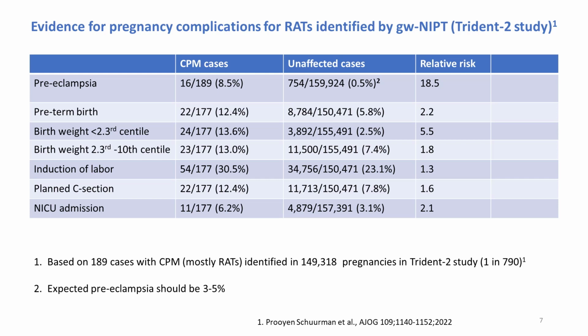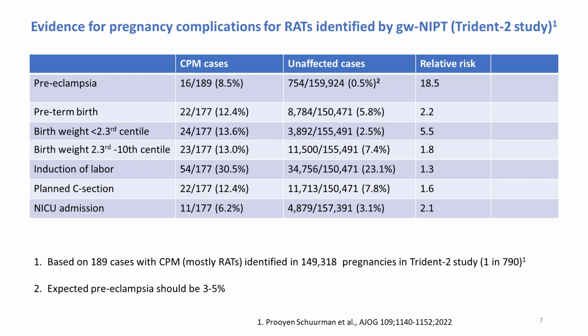What you can see on this slide is that for pregnancy complications, there is an increased relative risk. The one for preeclampsia looks pretty impressive with an 18.5 relative risk, but as the authors pointed out, they almost certainly under-ascertained preeclampsia in the controls, because instead of being 0.5%, it probably should have been something like 3 to 5% in the controls.